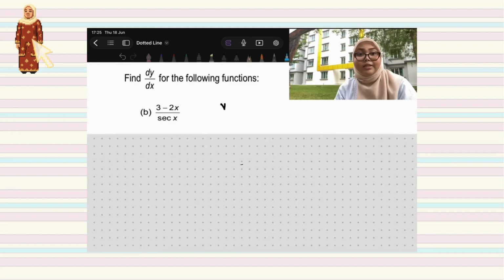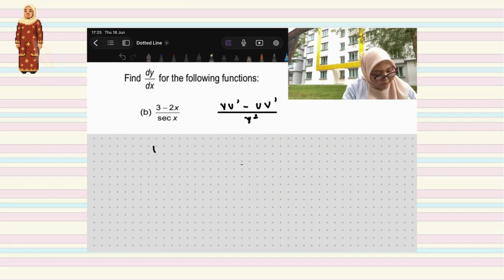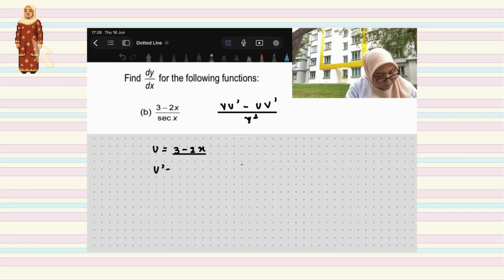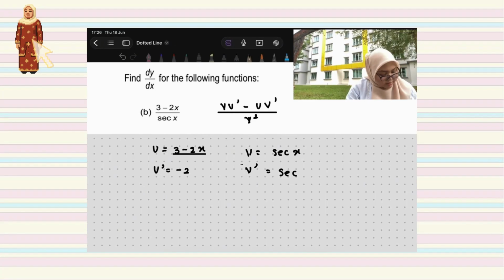For the second question, it's still the same. We have two terms, but this time it's a little bit different and we need to use the quotient rule. As usual, we classify it first: u is 3 minus 2x, u prime is negative 2, v is secant x, and v prime is secant x tangent x.